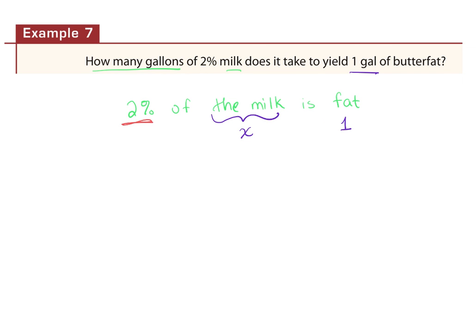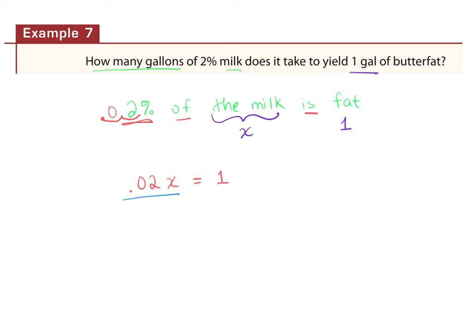2%. How do I write that as a decimal? Here's my decimal, right? Yeah, so I'm going to move it over. I'm going to put a 0 there. So 0.02 of, that means what? Multiplication. X, so times X equals 1. How do I solve this?